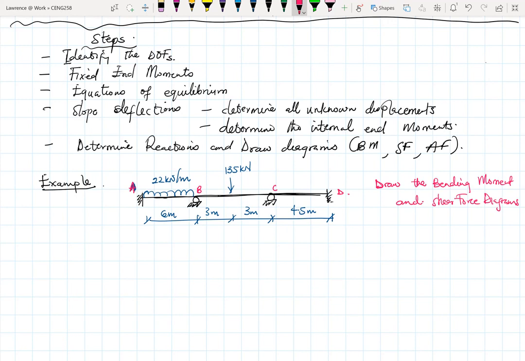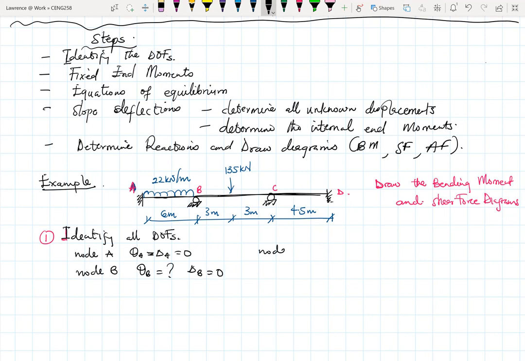All right, so now we'll go through the various steps. The first step, step 1, is to identify all the node conditions. So let's take node A or node 1. It doesn't matter. At node A, theta A and delta A are equal to 0. At node C, theta C will not be equal to 0, but delta C is 0.